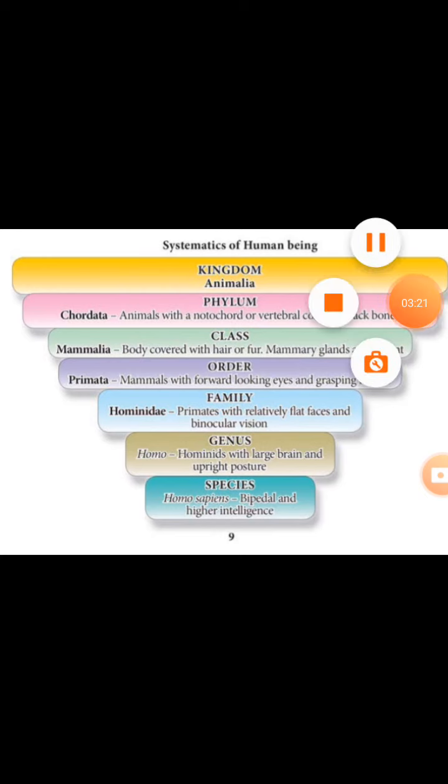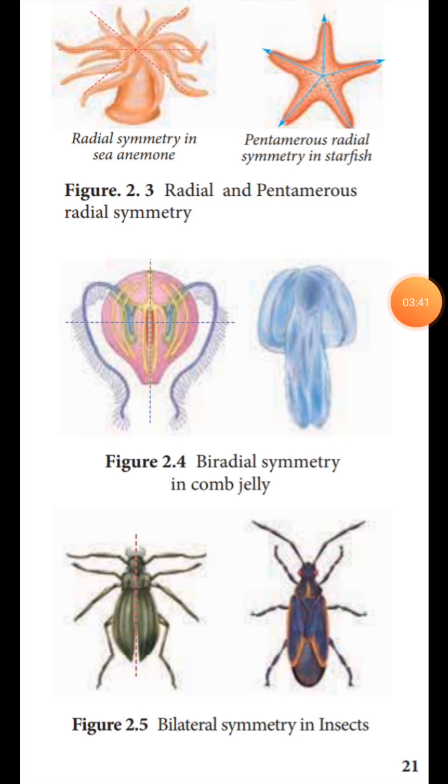Now, another way of classification, the basis for classification. Generally, an organism has a level of organization. What type of level of organization? An organism made up of a single cell or many cells, called unicellular or multicellular organisms.